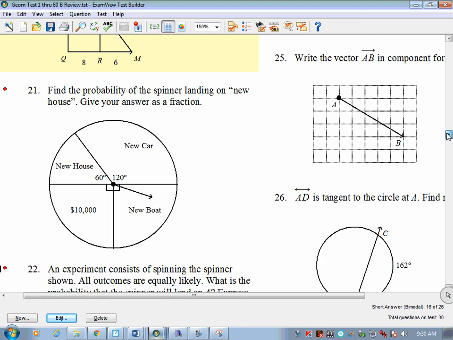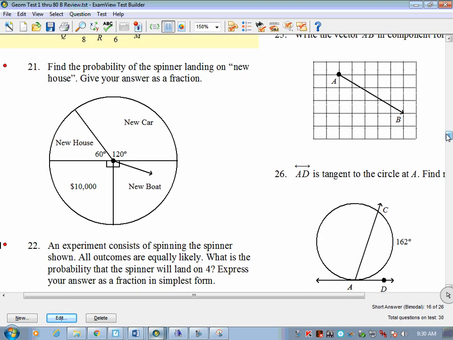21. Find the probability. Again, just as a review, what is probability? It's something over something. Number desired over number total. Find the probability of the spinner landing on new house. Give your answer as a fraction. What am I going to put for new house? 60. What is the total? 360.